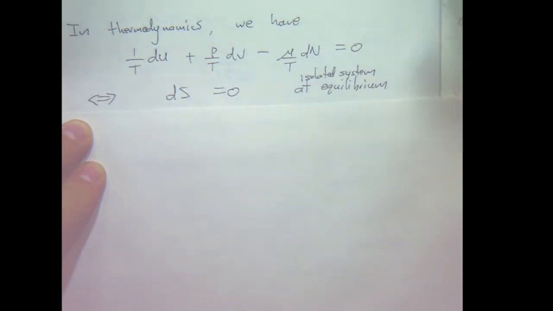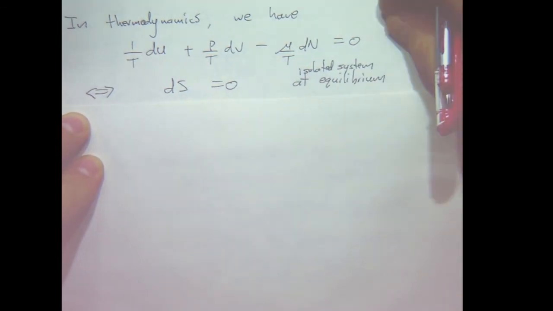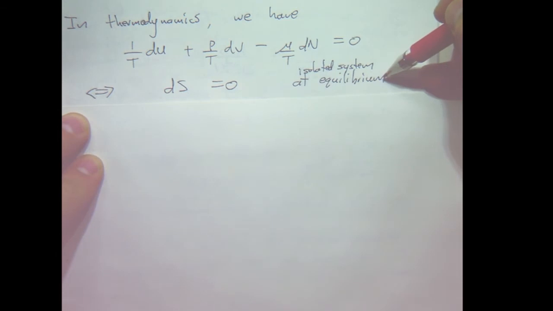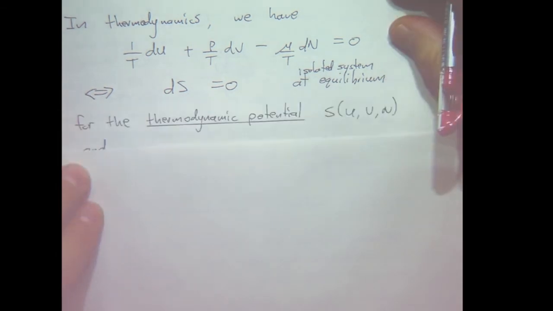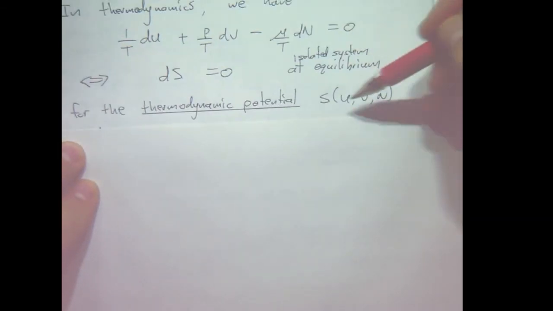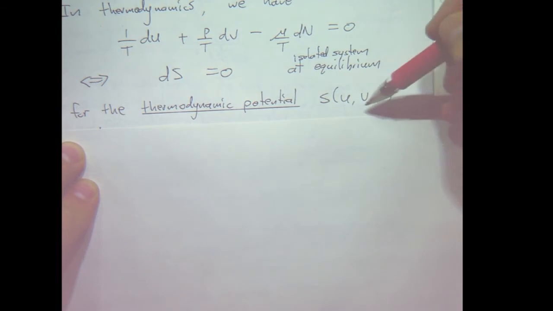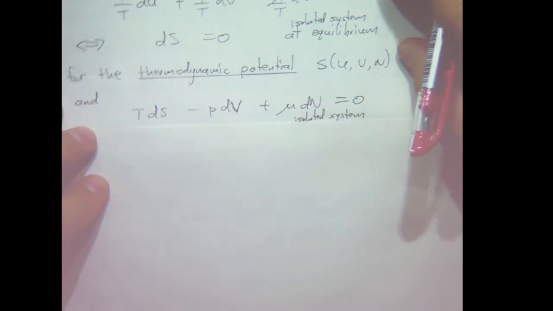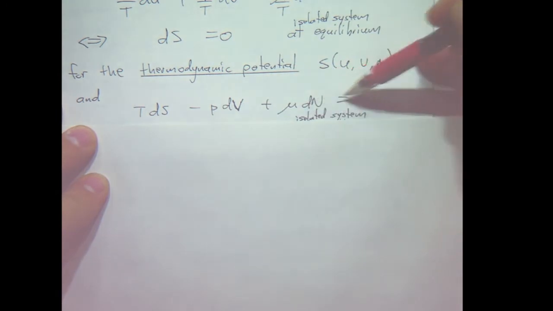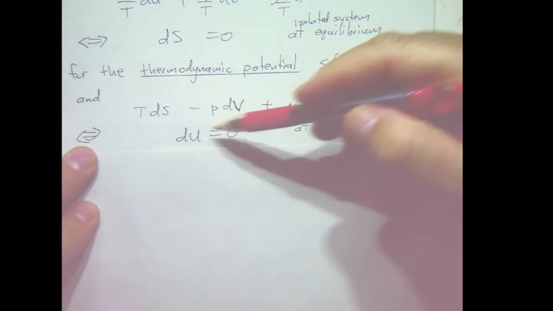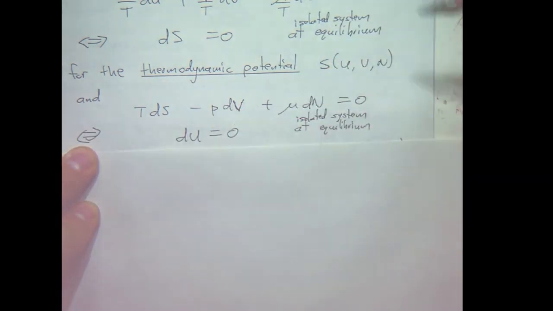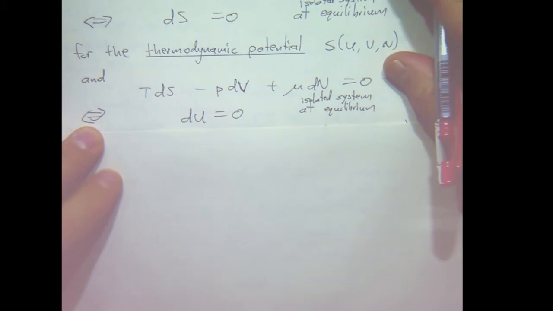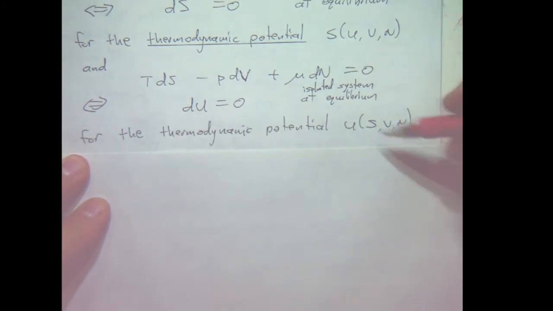So at the maximum entropy, or minimum, but we're interested in maximum entropy, for an isolated system at equilibrium, for the thermodynamic potential S of U, V, N. And T dS minus P dV plus mu dN equals 0 if and only if dU equals 0 for an isolated system at equilibrium, for the thermodynamic potential U of S, V, N.